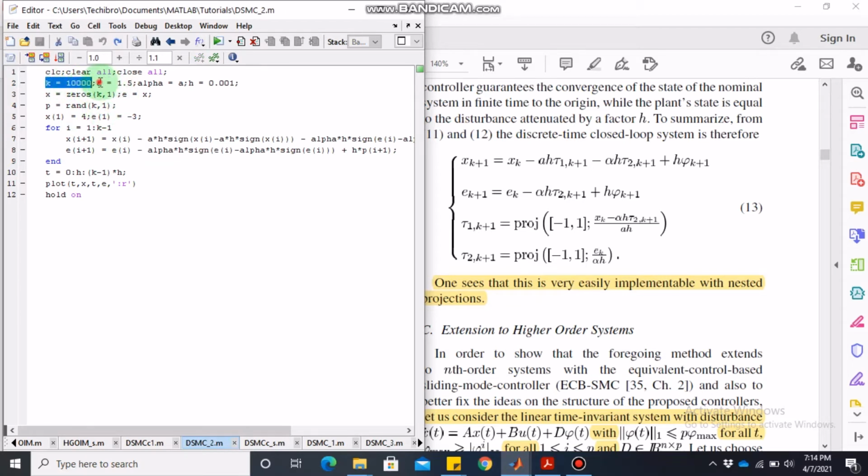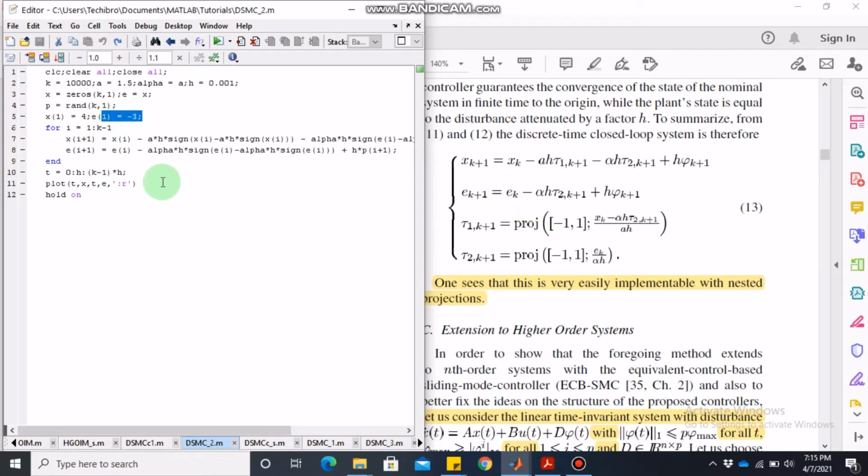Again, the upper bound on the disturbance is 1.5, and alpha I have chosen to be equal to a. So disturbance once again has to be chosen to be a random number between 0 and 1, and the initial condition of x is 4 and the initial condition of e is -3.